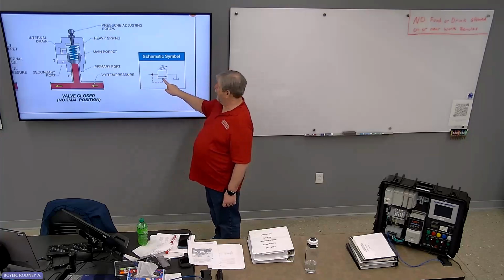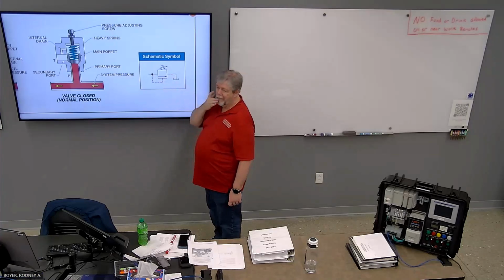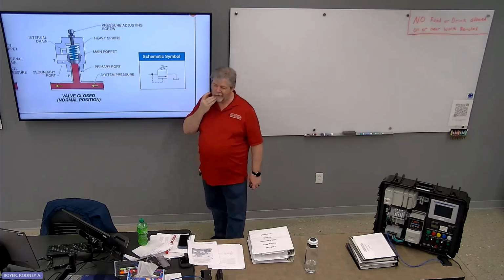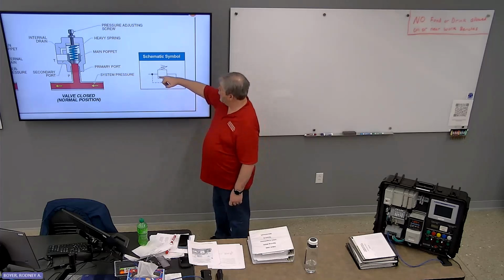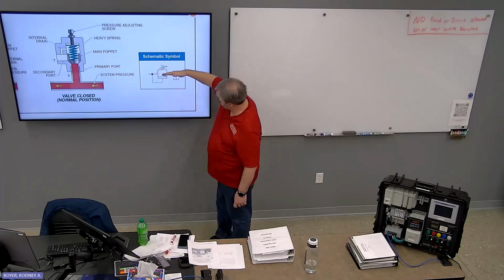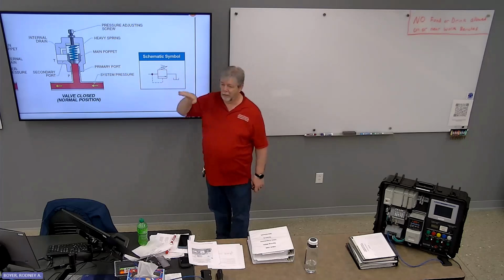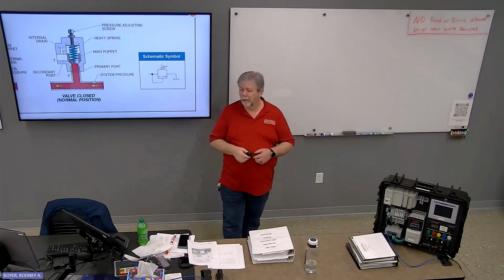Gotcha. If it were a drain, it would go from here to the tank line. And what's the horizontal arrow inside the box? Direction of fluid flow. The fact that it is not in line with this tells you that it is a normally closed valve. Gotcha.